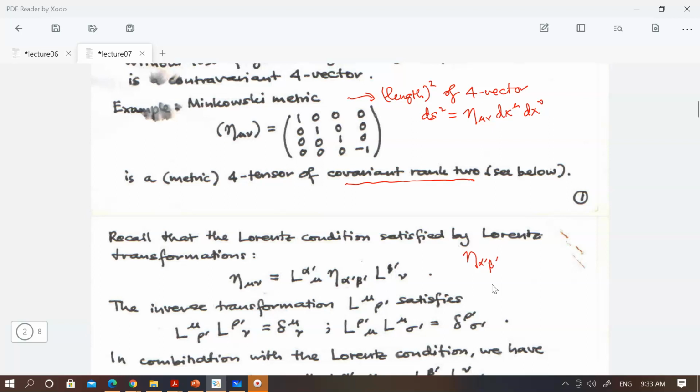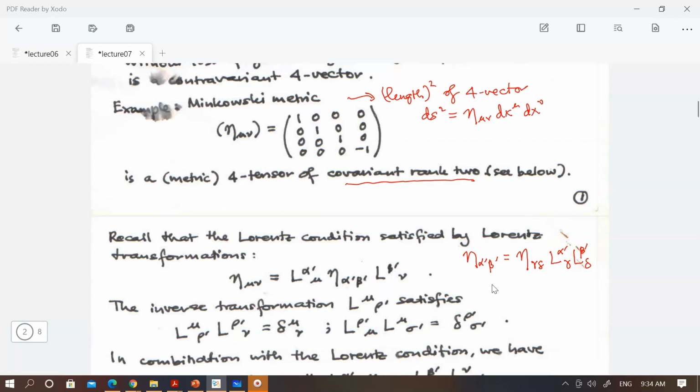Eta alpha dash beta dash would be equal to eta, I'm running out of symbols now, gamma delta, and then L alpha dash gamma, L beta dash delta. So this is essentially how we get the transformation law for a covariant tensor of rank 2.